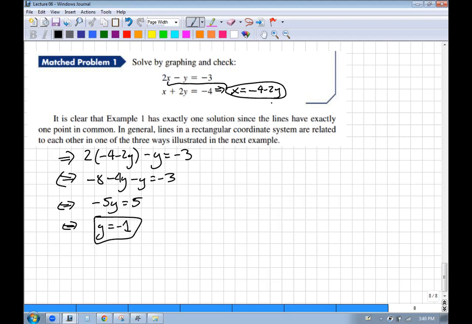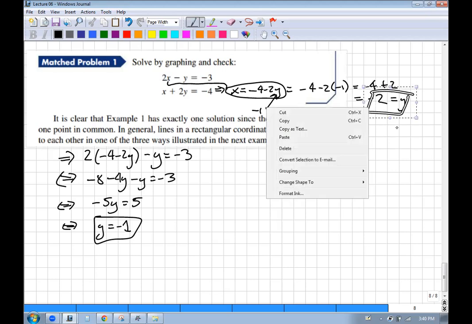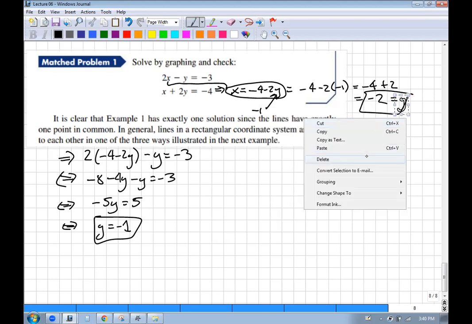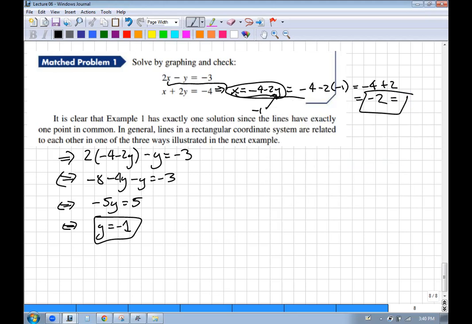If I substitute that in right here, I'm going to get -4 minus 2 times -1. The -4 plus 2, which is -2. Sorry, that's x, right? x equals, this is my x. So -2, -1 is my solution. And I could check my work.